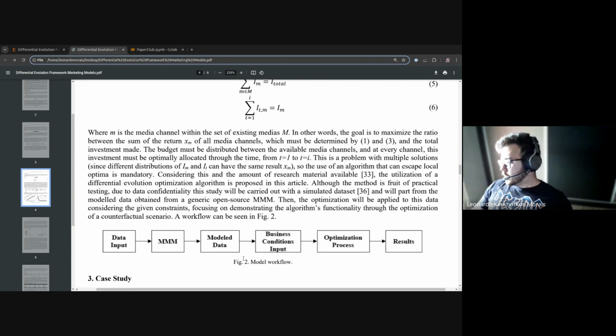You pick up this model data and apply your business conditions: the amount of budget you have, and if you have some minimum value you must stick to. We know some marketing teams in some companies have a huge fear of missing out, so some of them have a minimum value which you should not trespass. So you pick up all these business conditions and you run an optimization process on them.